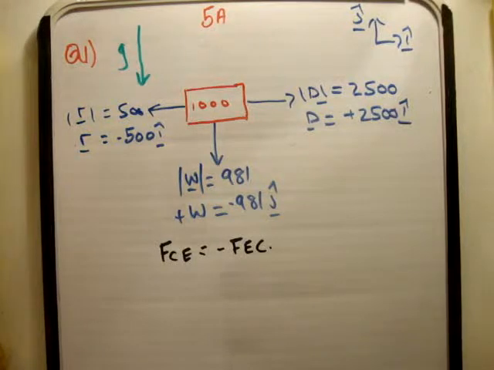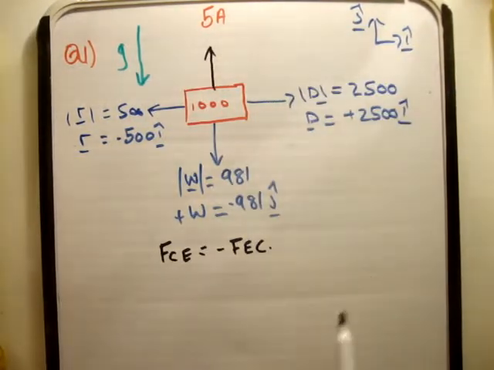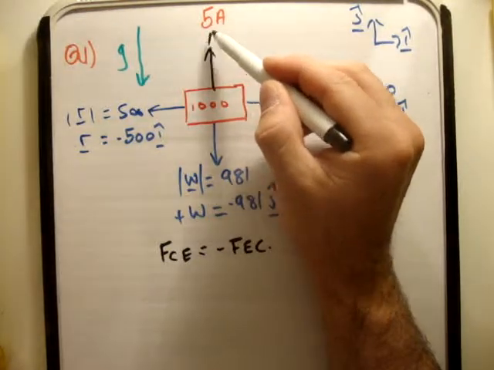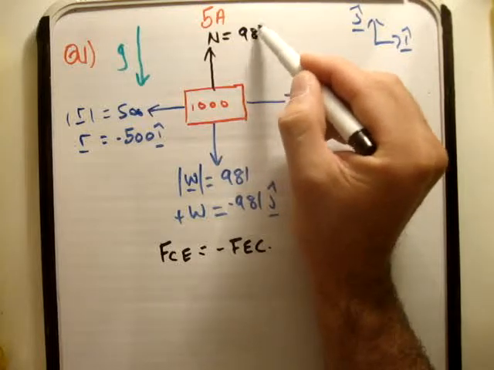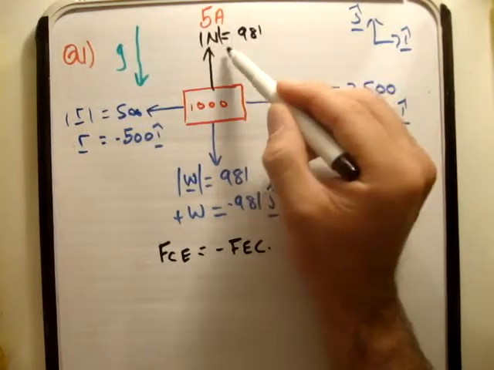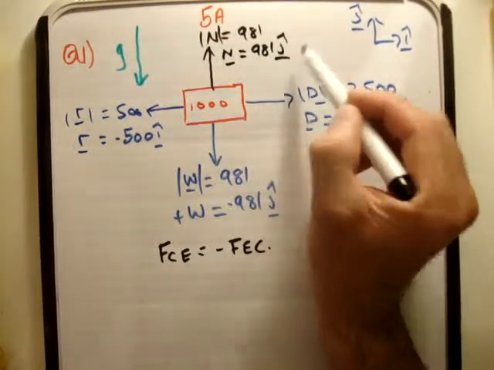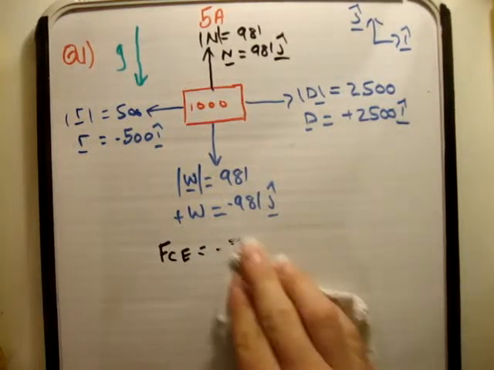So it's a Newton's third law action-reaction pair. It must be in the opposite direction, which is this way, and the magnitude must be the same. So we call it the normal, by the way. The normal's magnitude is equal to 981 units, and N is equal to 981 j hat. And that is an action-reaction pair.